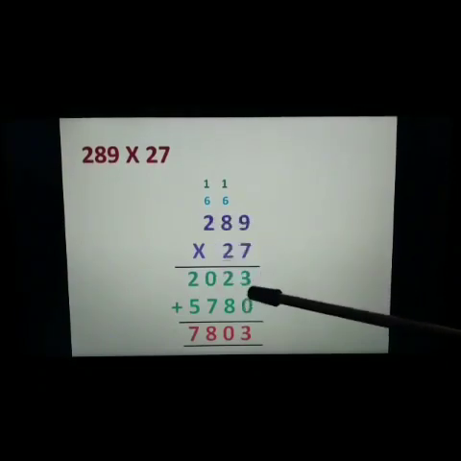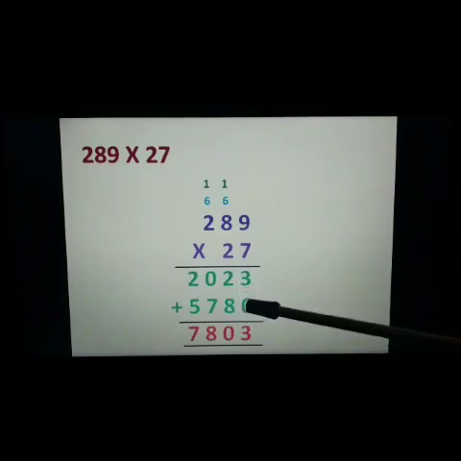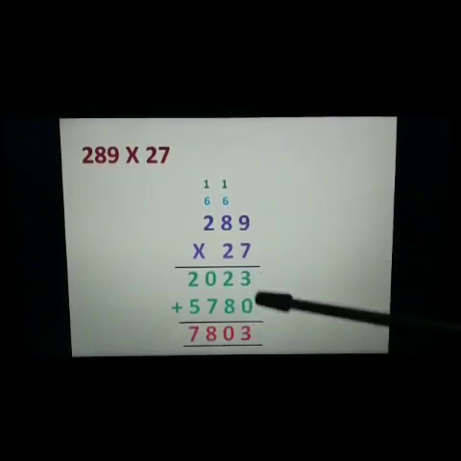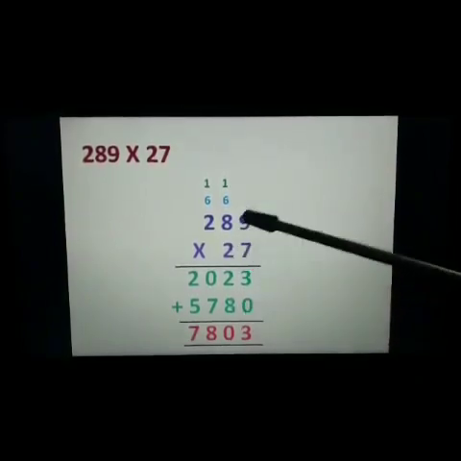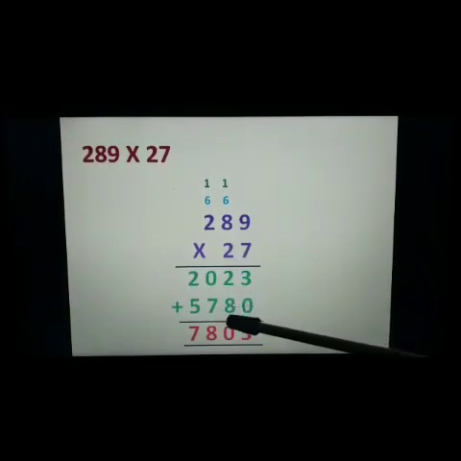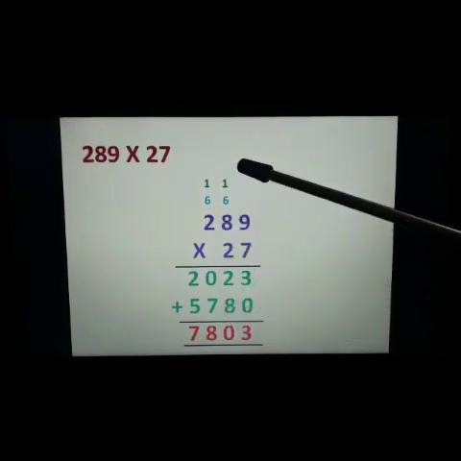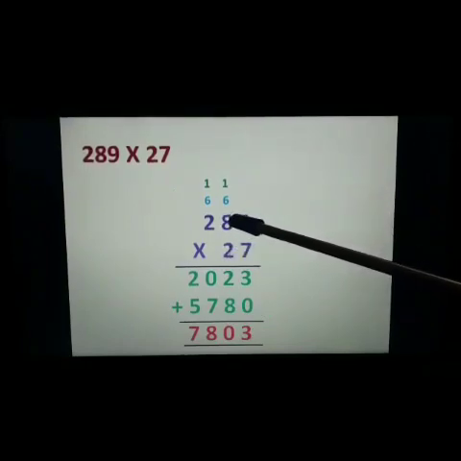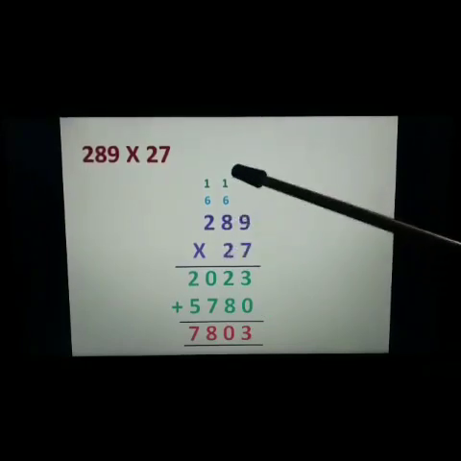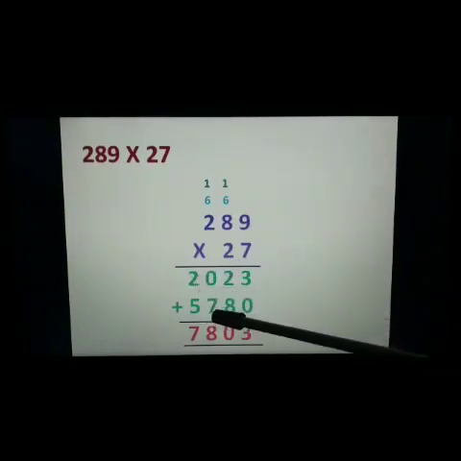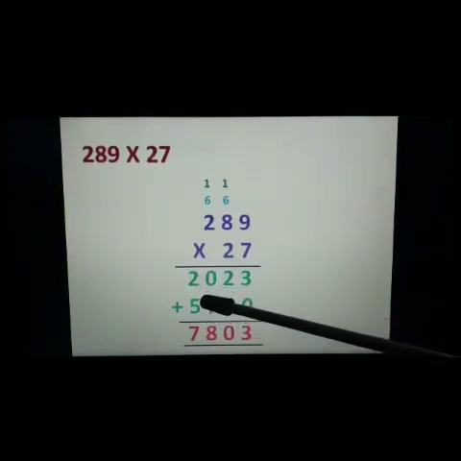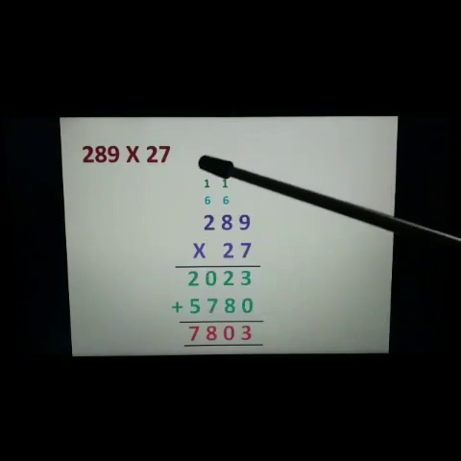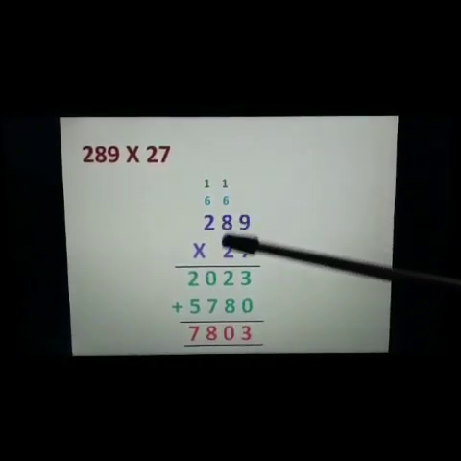First of all, we have to put a 0, or a cross, at the ones place. Now 2 nines are 18. 8 will be here and 1 will be carried over to the tens place. Now 2 eights are 16. 16 and 1 is 17. So 7 will be here and 1 will be carried over to the hundreds place.